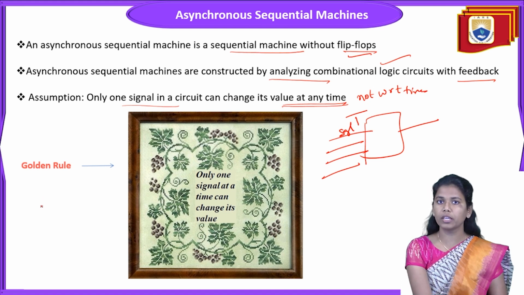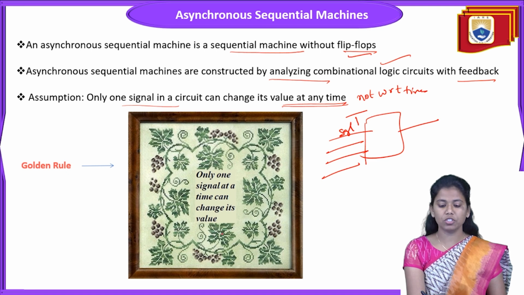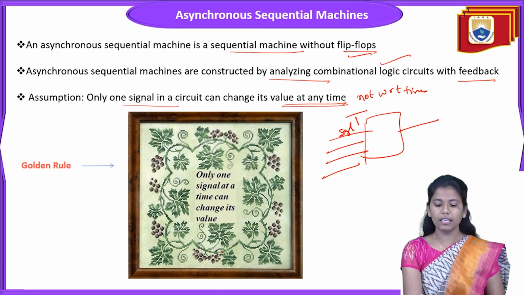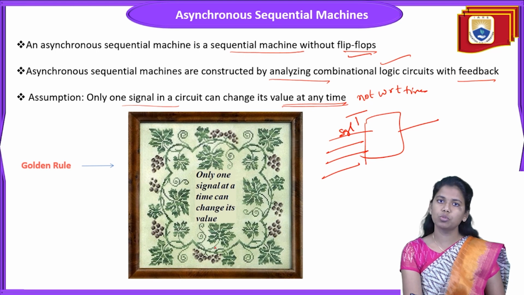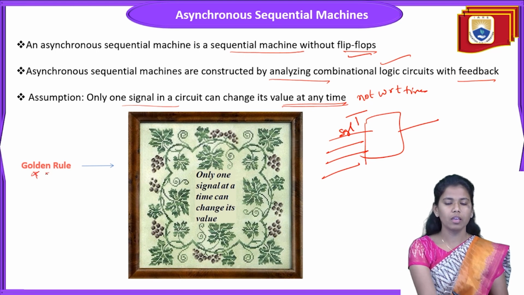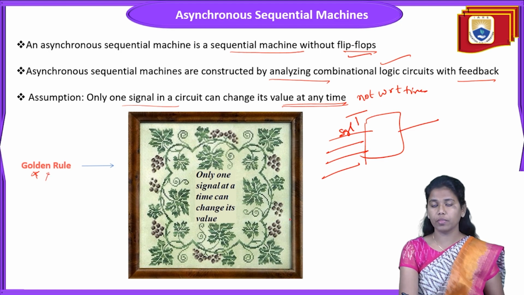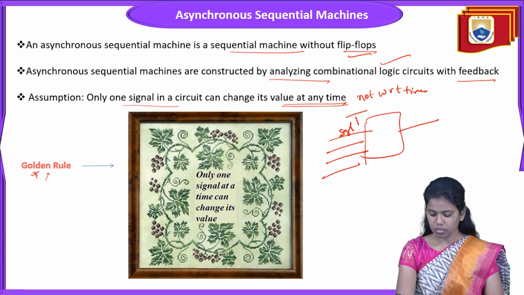So the golden rule is: only one signal at a time can change its value. This is the golden rule that we see in the asynchronous sequential circuit.